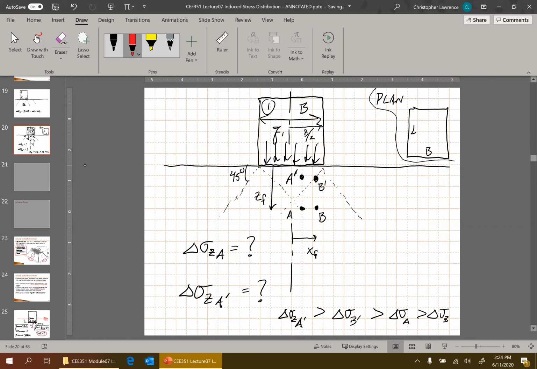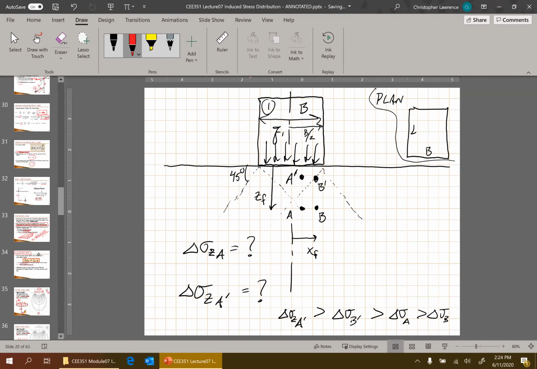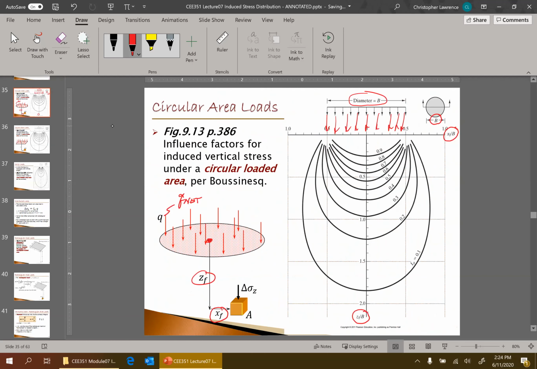And that's where this X over B and Z over B comes from, because the lateral distance and the vertical depth both are related to the width of the load.